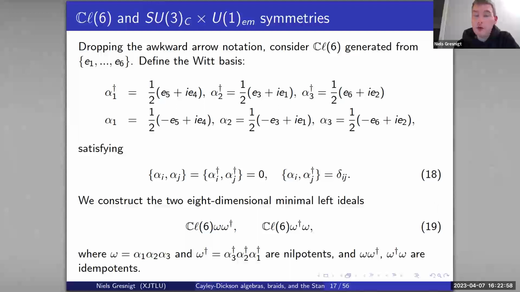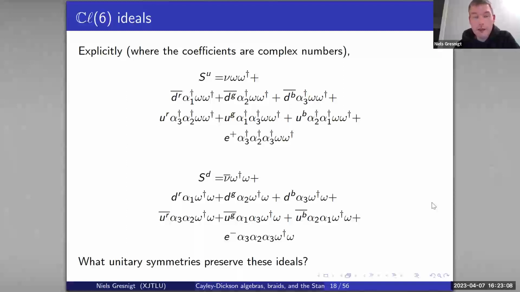And then we can construct two 8-dimensional ideals just by letting the whole algebra act upon those primitive idempotents. So explicitly, those two ideals look something like this, where the coefficients are just complex numbers, and well, rather suggestively chosen complex numbers, but I'll explain that in a minute. And I've tried to write it here in such a way that each line has a different grade element in the Clifford algebra. So the question then is, which unitary symmetries would preserve these ideals?